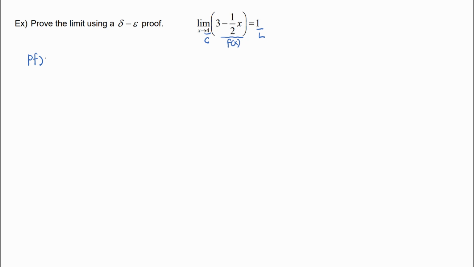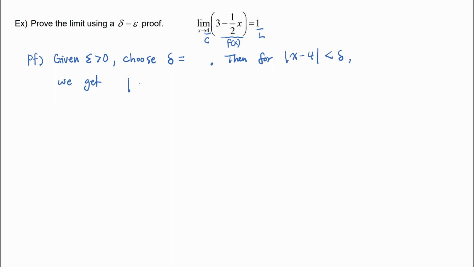How do we start? Yes. Given epsilon a positive number, we're going to choose delta equal to what? We don't know that yet. We're going to leave it blank there. Then for any choice of x from the center c, which is 4, is less than delta, we get absolute value of f of x.